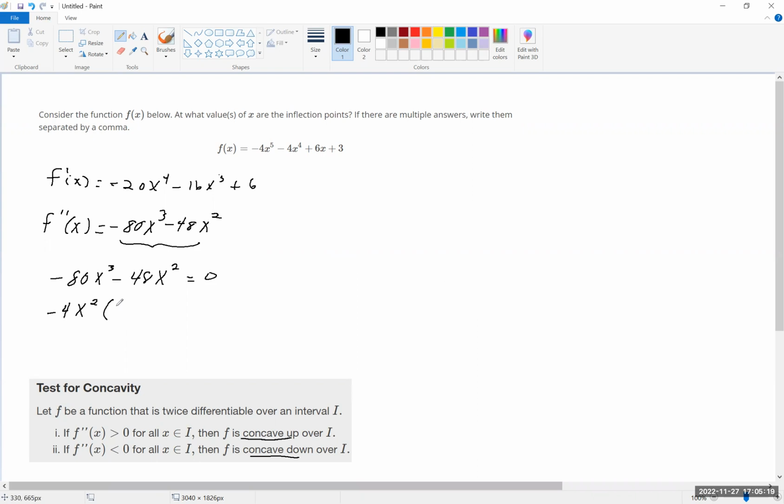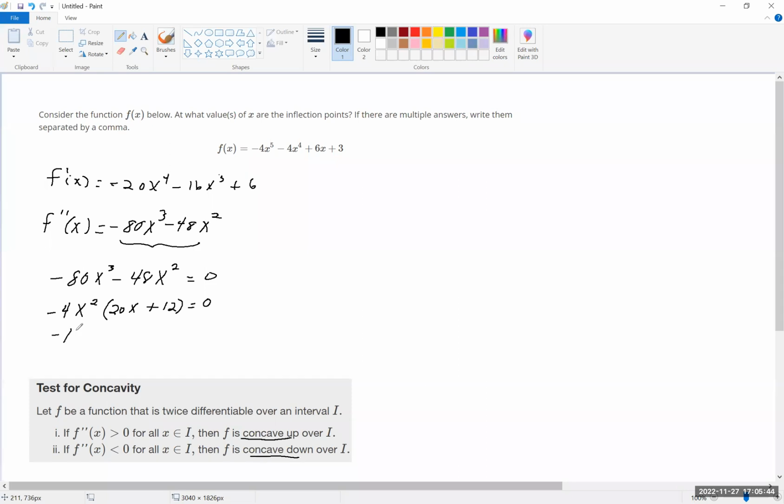So this is going to be 20x plus 12, and I guess I can factor out another 4.